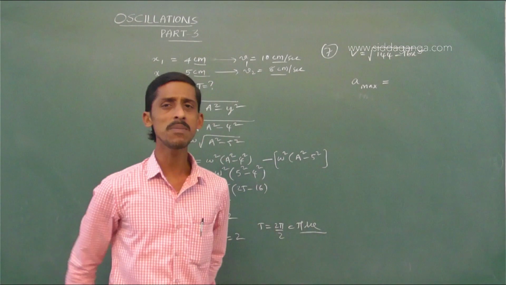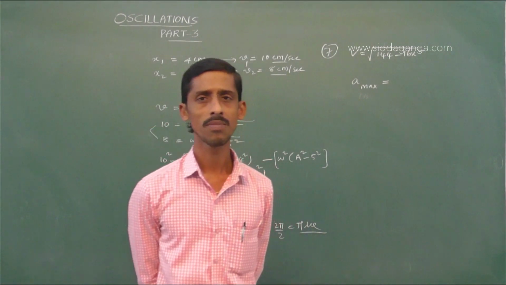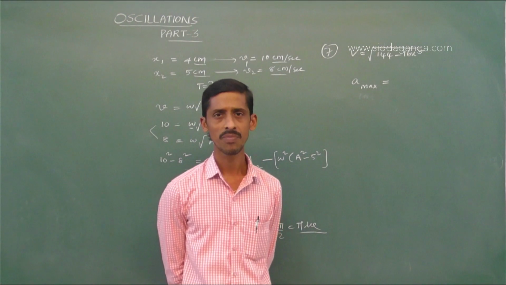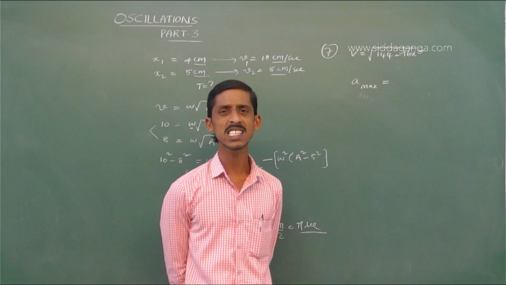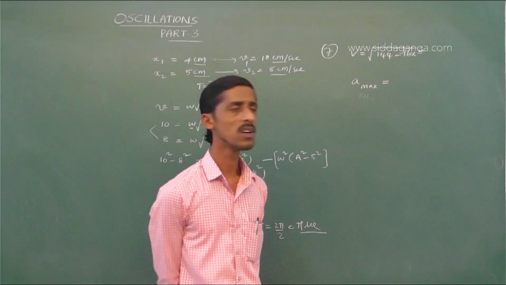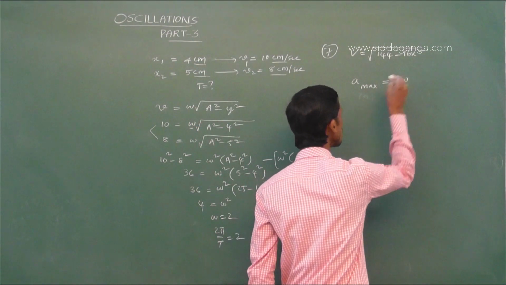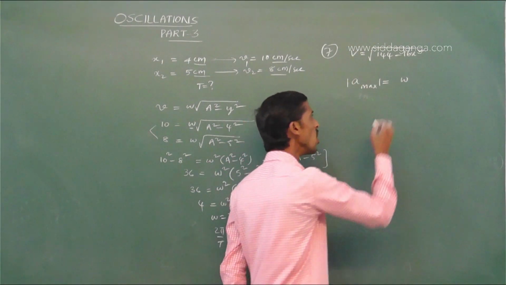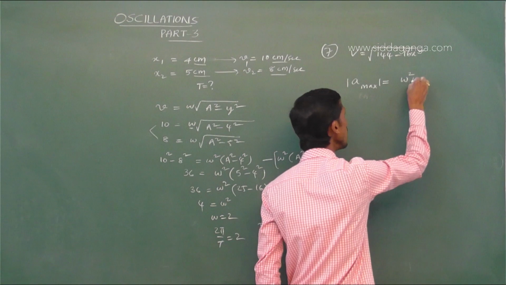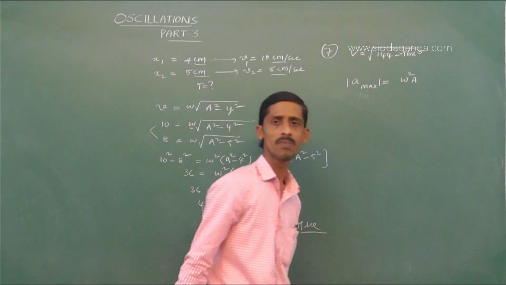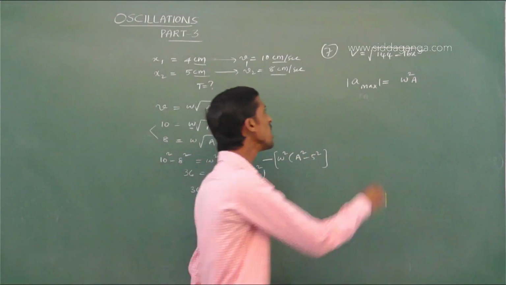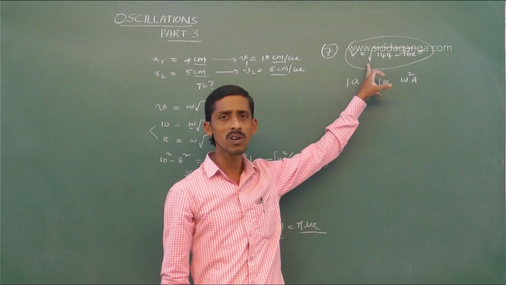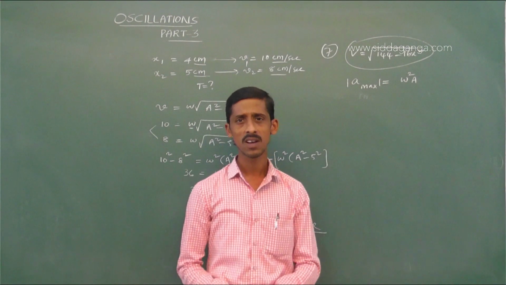What is the maximum acceleration? The acceleration formula is minus omega square x. Acceleration of the particle is maximum at the extreme position. The magnitude of maximum acceleration is omega square into A. But in the given equation, what is the purpose of providing the equation V is equal to root of 144 minus 16 x square?